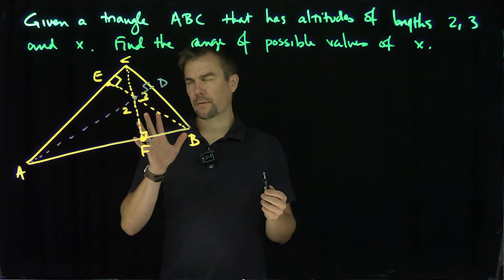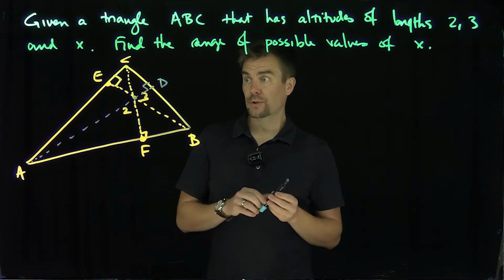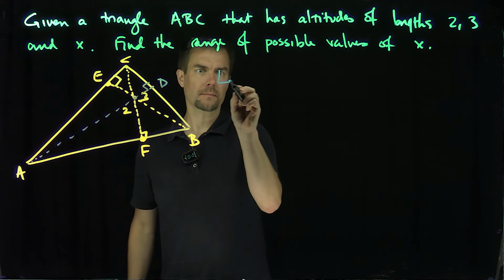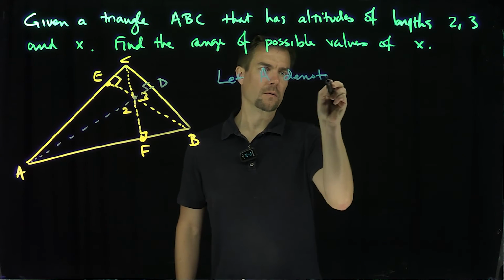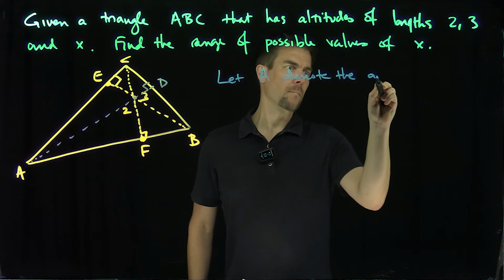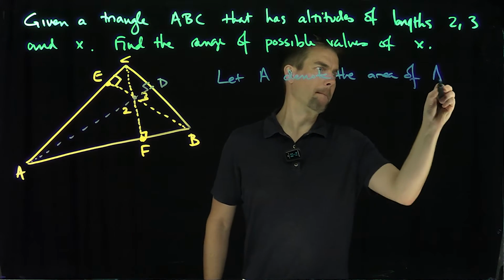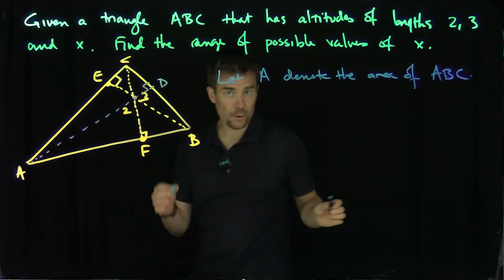So let's think about this carefully. Now I have this configuration. Let A denote the area of ABC. That's the key to unlocking this problem.